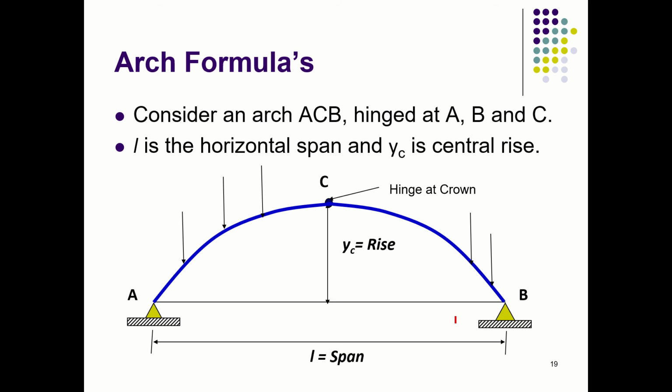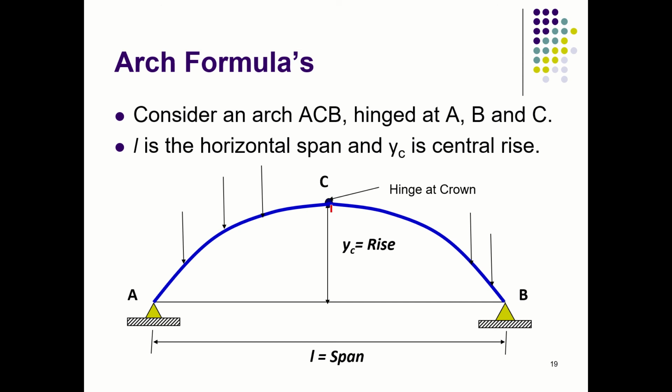Now having discussed different things, coming to the arch formulas, consider an arch ACB. This is A, this is C, this is B. Okay, so this arch is hinged at point A, at point B, because these are hinge supports, and there is a C point, right?